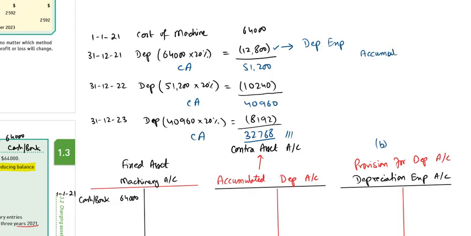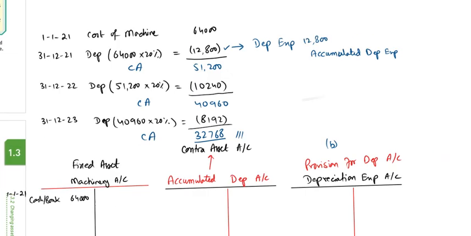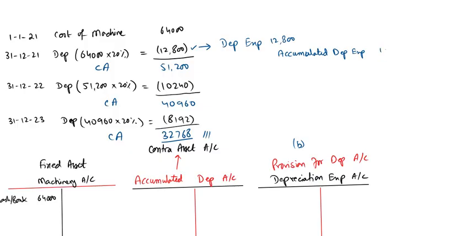accumulated depreciation credit by 12,800. Here is the 12,800. So this is the double entry.